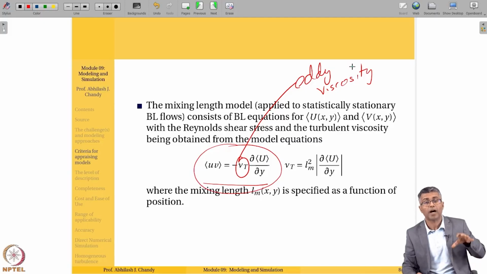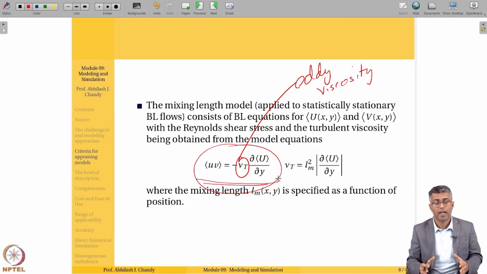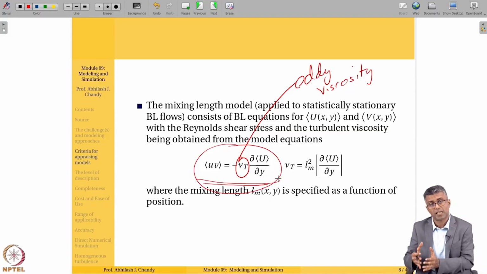This expression for nu_T is general. Any Reynolds stress is expressed as a function of the mean velocity gradient, and the constant of proportionality is always the turbulent viscosity or the eddy viscosity.